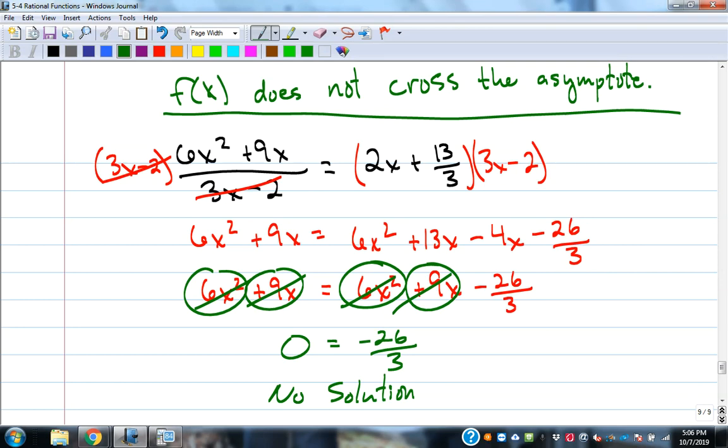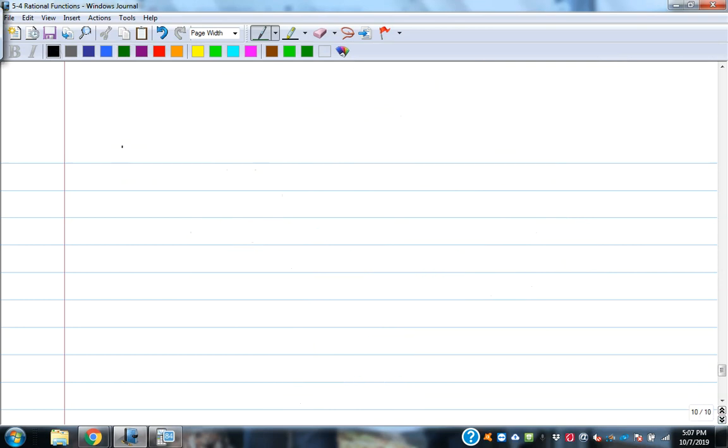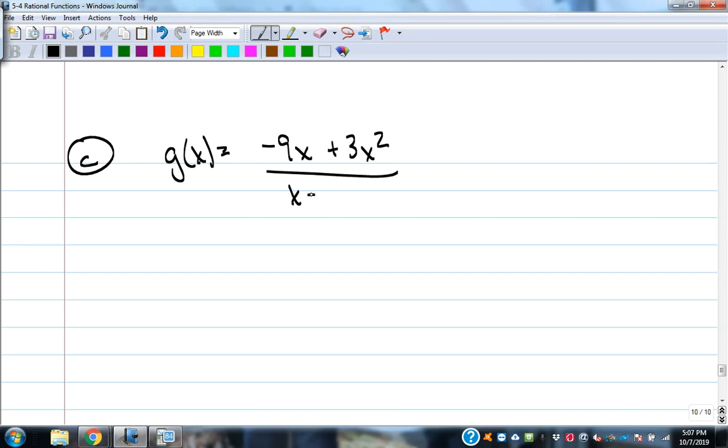One more, we're out of here. Let's try to throw you a little curveball on this one. G of x equals negative 9x plus 3x squared over x minus 12 plus x squared.